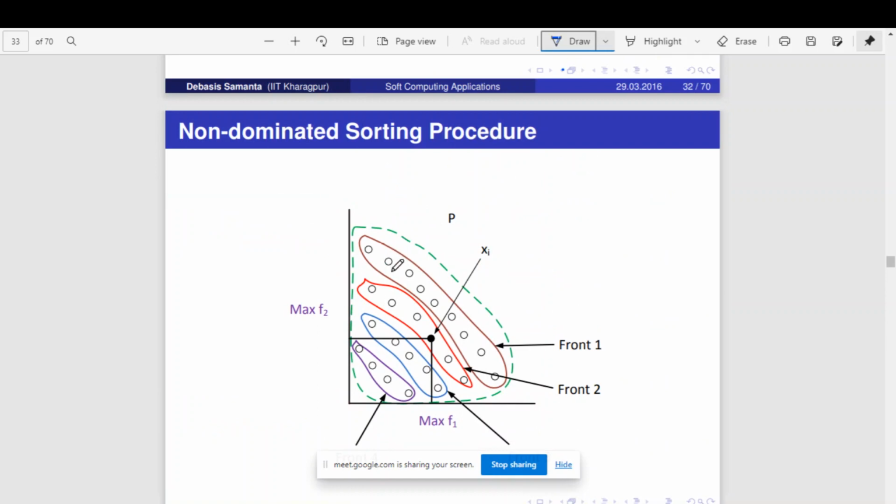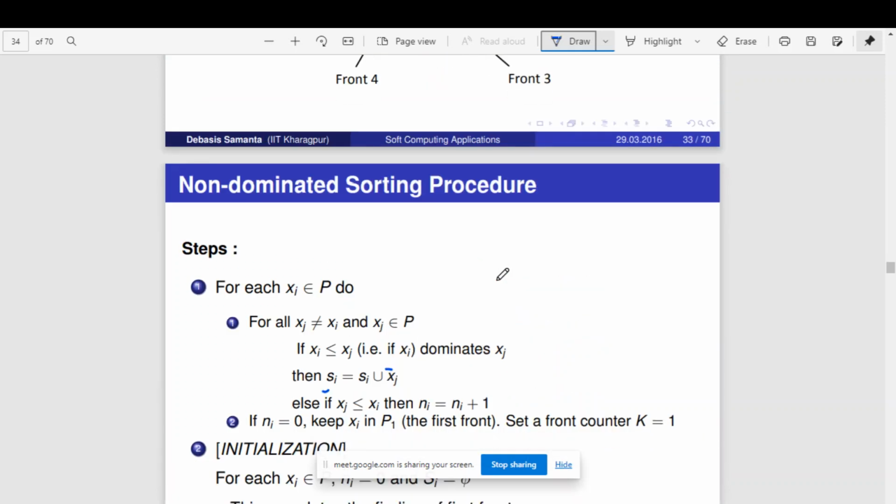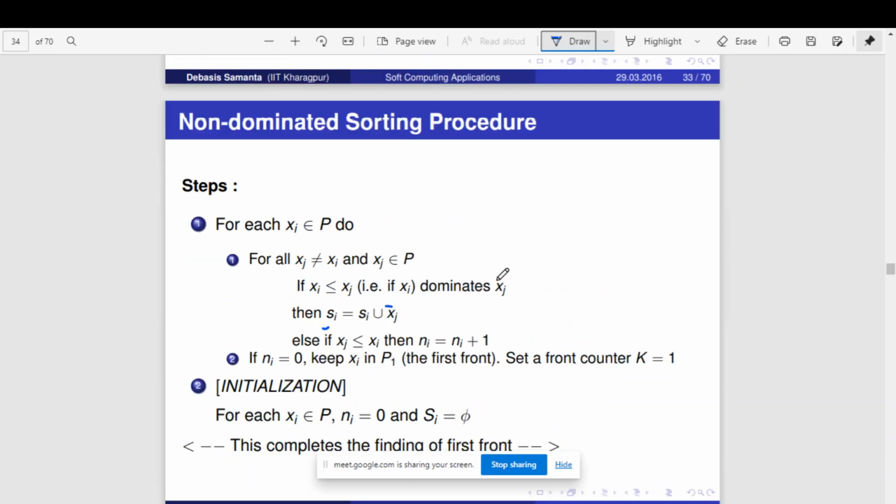If nobody is dominating this individual, then he will come in which front? Front 1. If nobody is dominating some individual, all these individuals are in front 1. So now we are noting down their front. If ni is equal to 0, keep xi in P1, that is, in the first front.